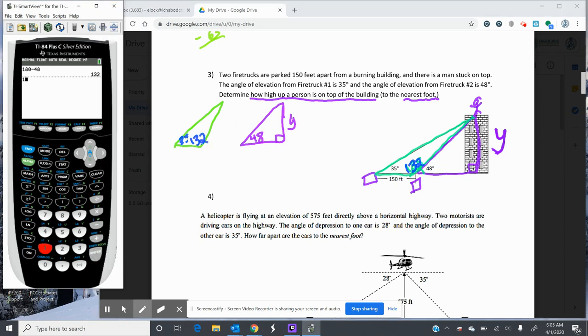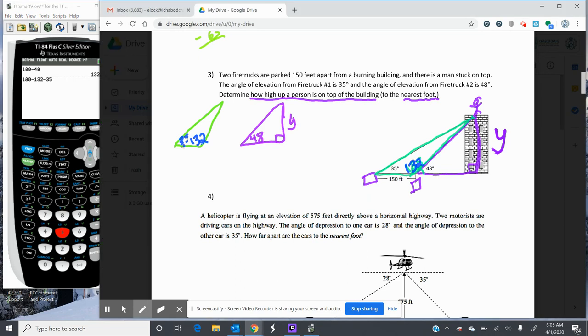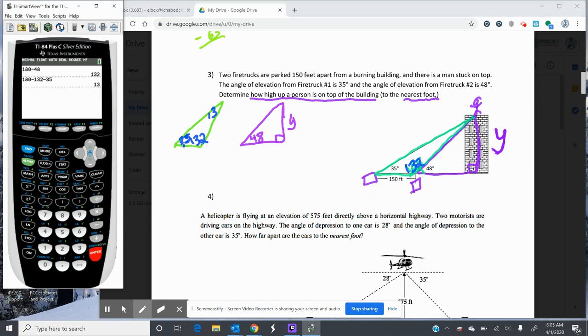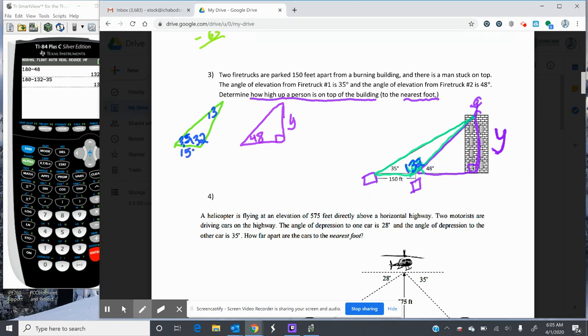So if I subtract those from 180, so 180 minus the 132 minus our 35-degree angle, that's way over here, will give us the third angle in that triangle up top is going to be 13 degrees. So again, we have 35, 132, and 13 there. And again, its bottom side is 150.